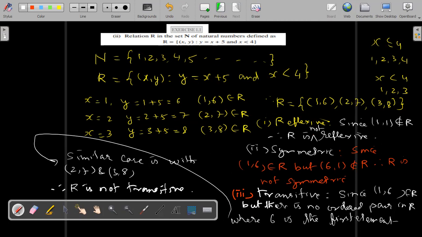So you understood when we are going to show that it is not reflexive. First of all, we have to check whether it will be reflexive or not, or transitive. If we reach the conclusion that we are not having all the elements (1, 1), (2, 2), then we have to take one example for 'not'. And if we get all of (1, 1), (2, 2), (3, 3), all the elements, then we are not going to give an example.